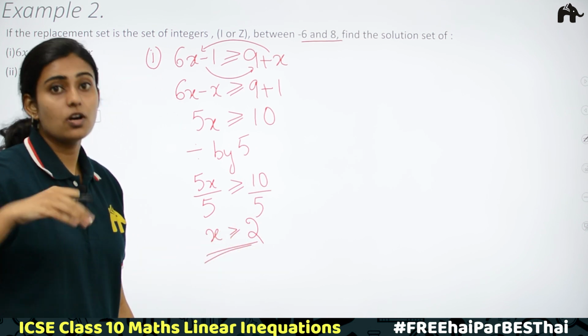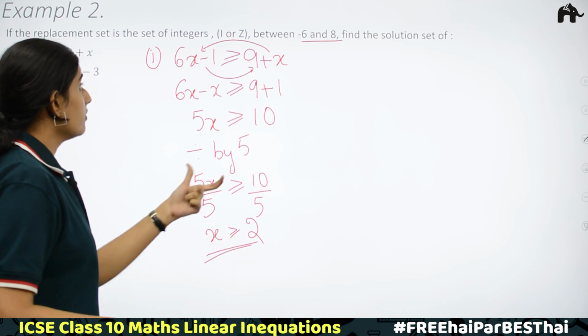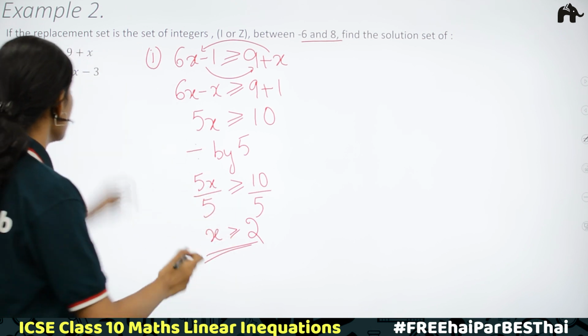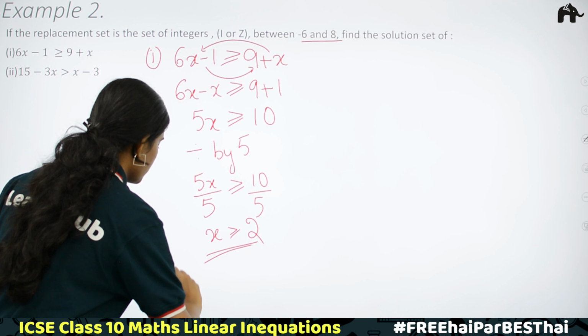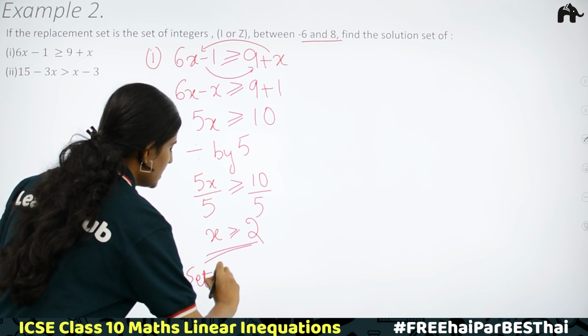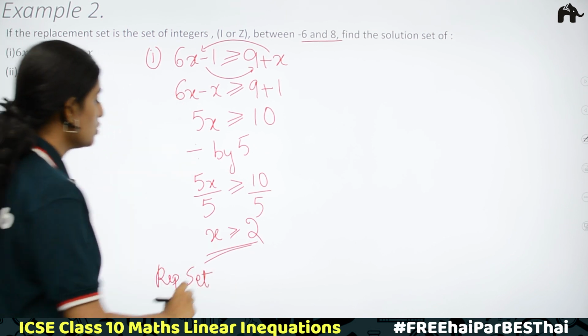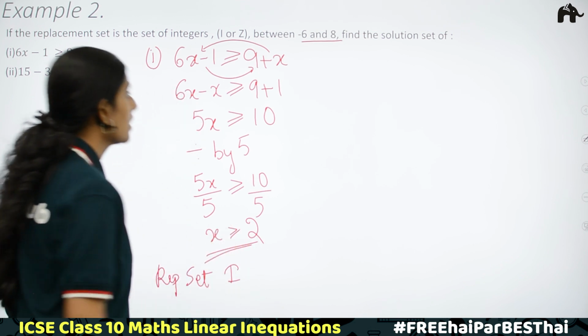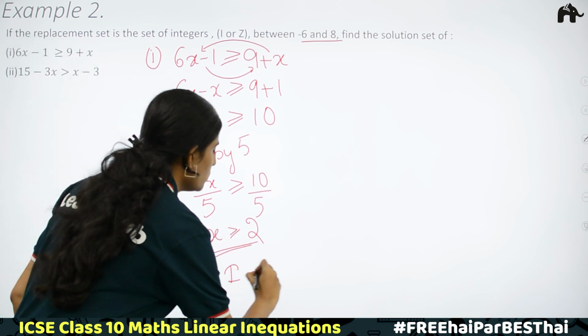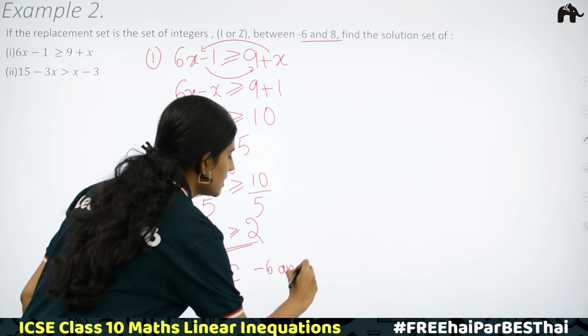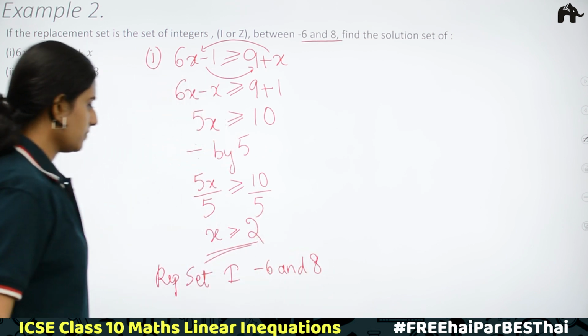X can be 2 or a number above that. We have another condition which is given in the replacement set. Replacement set, it is given that the number should be an integer. Also, it should be between -6 and +8.